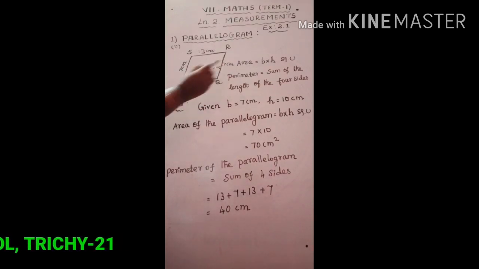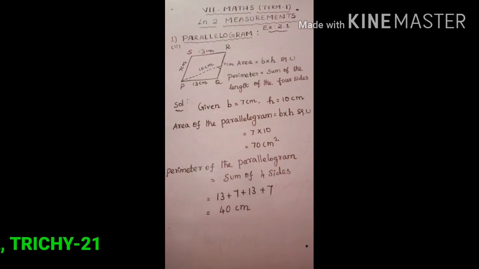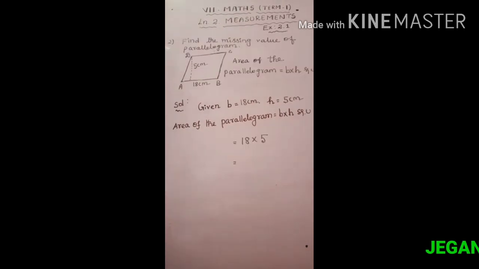So the sum of all four sides is 13 centimeter plus 7 centimeter plus 13 centimeter plus 7 centimeter. 13 plus 7 is 20, 13 plus 7 is 20. 20 plus 20 is equal to 40 centimeter. So the perimeter of the given parallelogram is 40 centimeter.